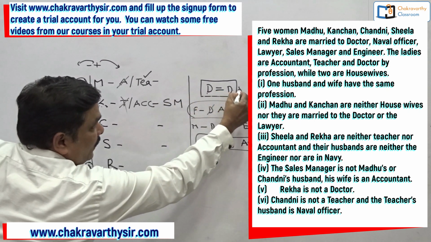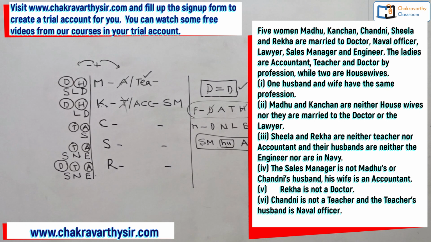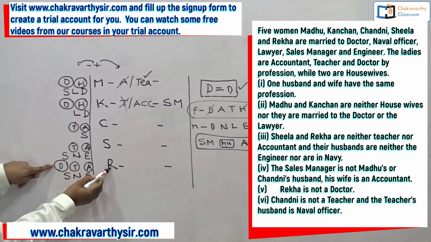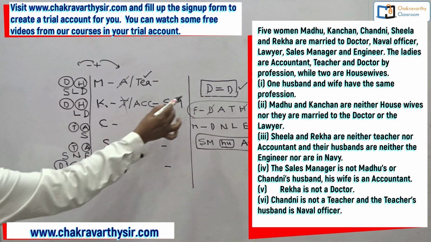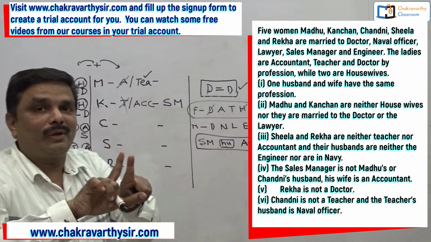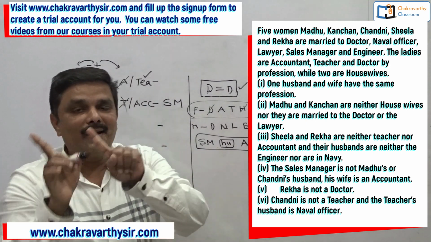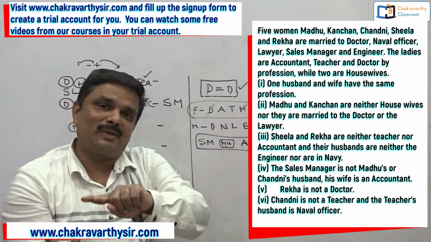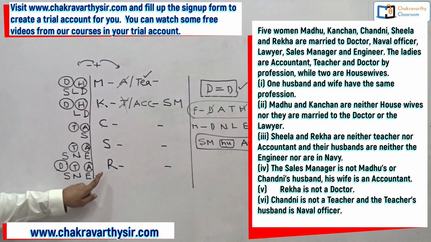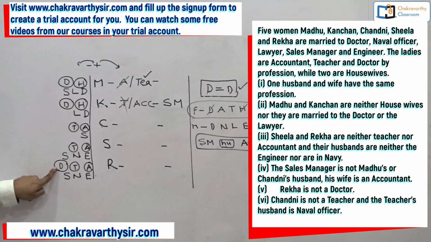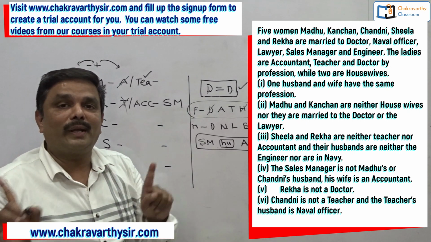But already we have one piece of information about a doctor. According to this information, doctor and a doctor should be wife and husband. Yes or no? And clearly they have given Rekha is not a doctor. When Rekha is not a doctor, Rekha's husband is also not a doctor.